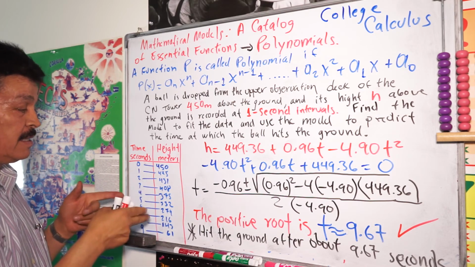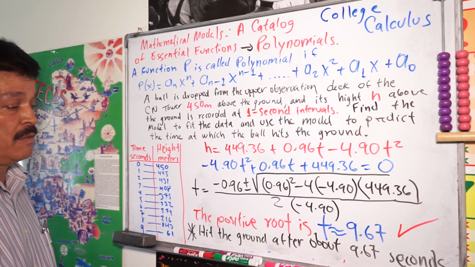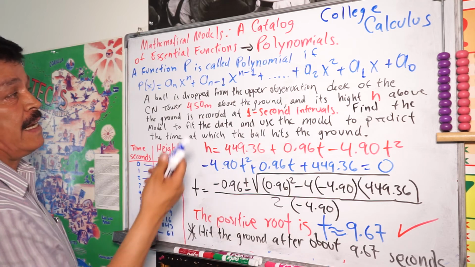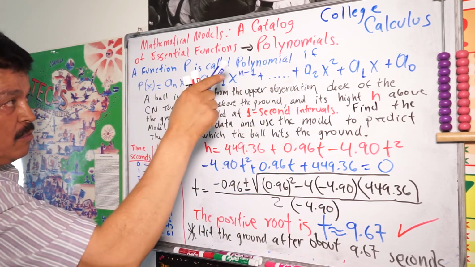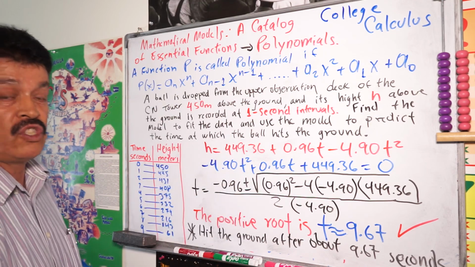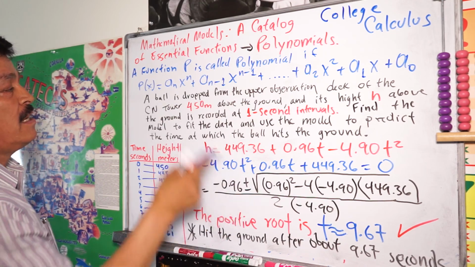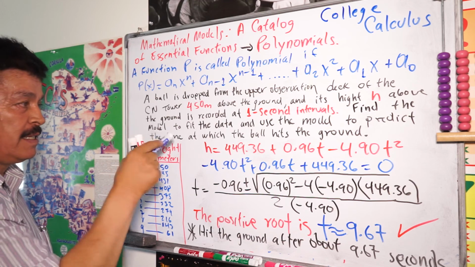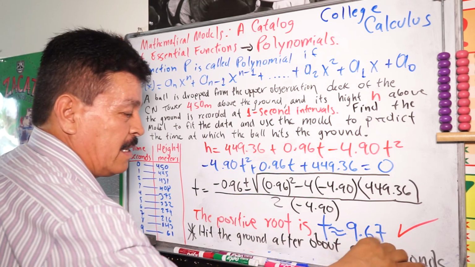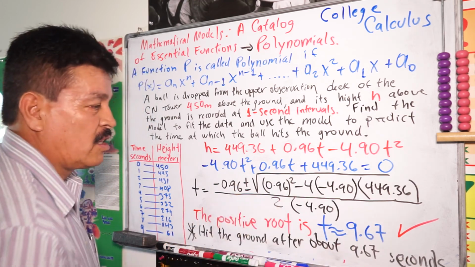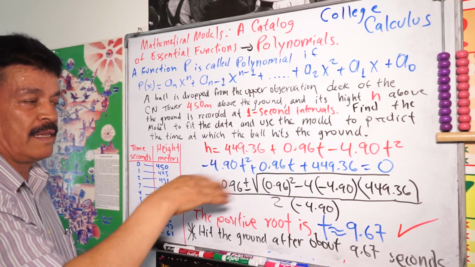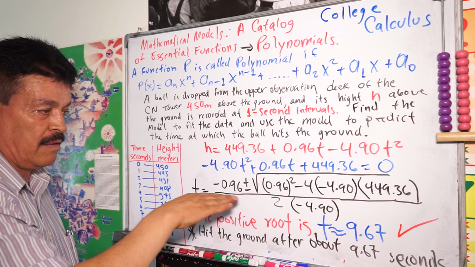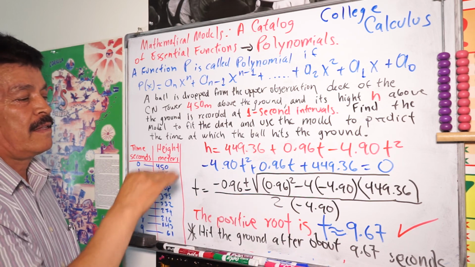I made this table to support our problem and to see how to solve it using polynomials, I mean this quadratic function, to find the answer to a real problem. Okay, this is a real problem, and the answer is right there. So please practice all the development of the formula step by step.